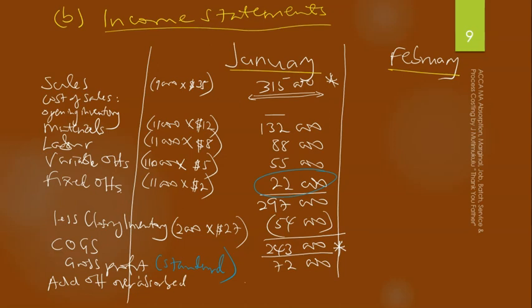Okay, the overhead which has been over-absorbed. All right, that's 2,000 multiplied by $2 per unit, and we should get something.